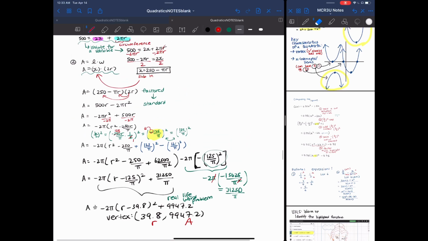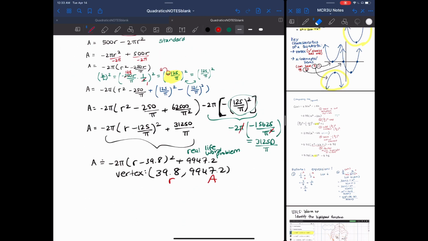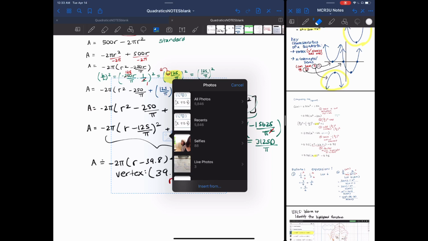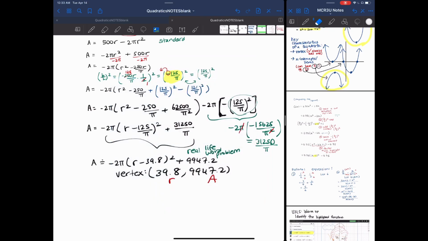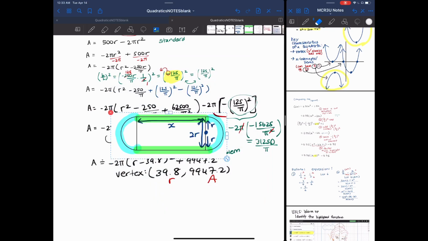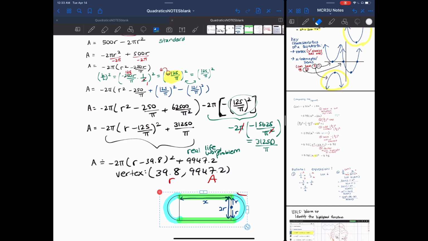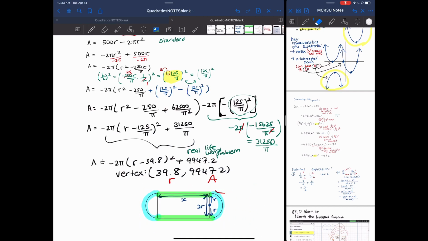All right, almost there. So I need to write down what the dimensions are. So I'm going to add an image of the diagram right here. Okay, so then I could kind of look at the diagram as we go, right?